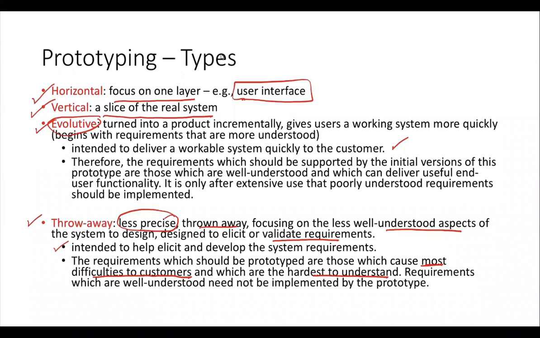However, the throwaway one is less precise because it is only used to elicit and develop system requirements, and the requirements we build such a prototype for are considered hard to understand. Those requirements that are well understood need not be implemented by this type of prototype. So in a throwaway prototype, we build the prototype for the hard requirements. For the evolutive, we build a prototype for the easy requirements.